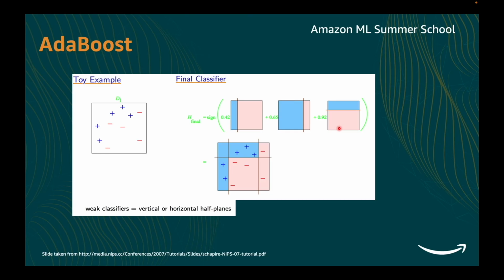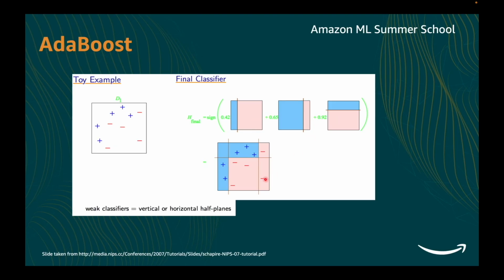After 3 rounds, you've built 3 different classifiers, and these are all, like I said, a single rule. It's just a single rule which is dividing, maybe x less than 5, and over here x less than 10, and over here y less than 3 or something like that. So very simple classifiers.